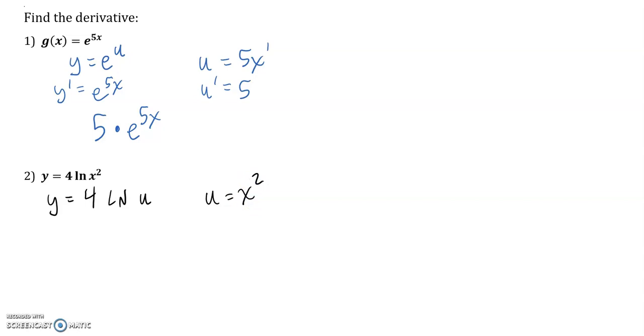So y prime equals 4 times 1 over u. The derivative of natural log is 1 over x. And then instead of u, I'm going to put in the x squared, which we could write as 4 over x squared. U prime, 2x.